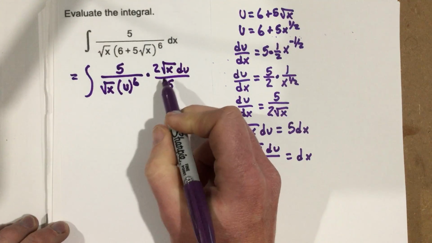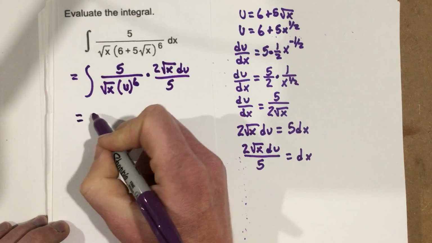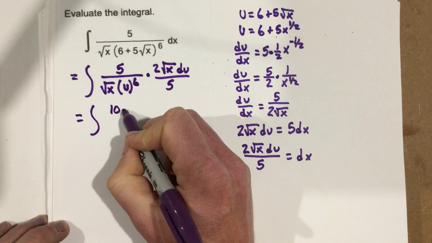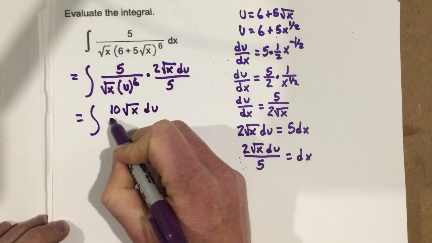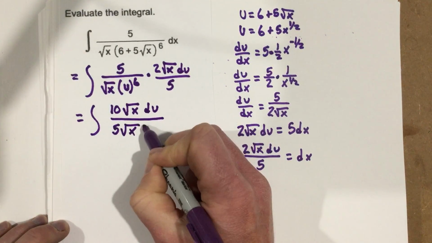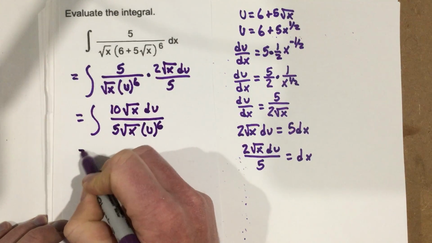Now you'll notice that we'll end up with, if I go ahead and, before I integrate, multiply this in, I'll get 10 root x on top du over 5 root x u to the 6th. So I can simplify that.